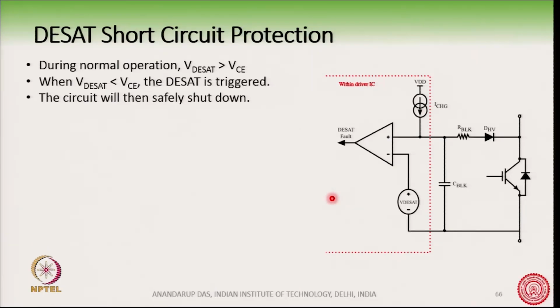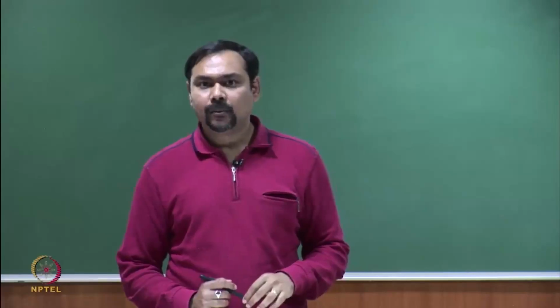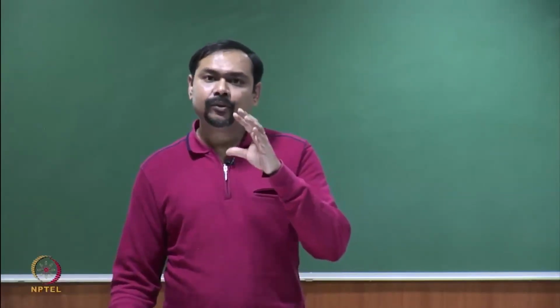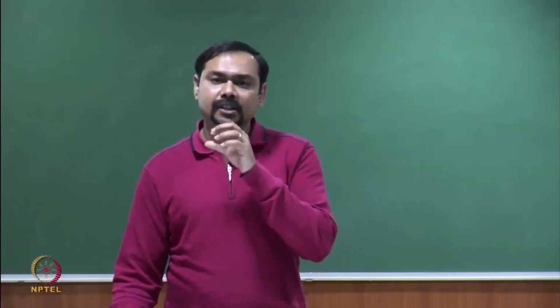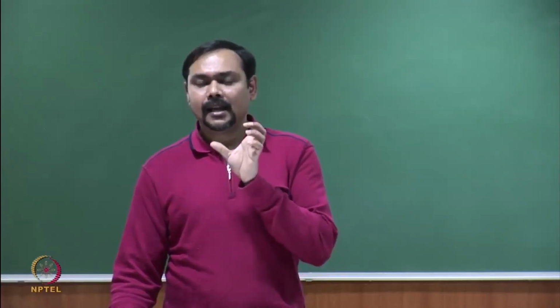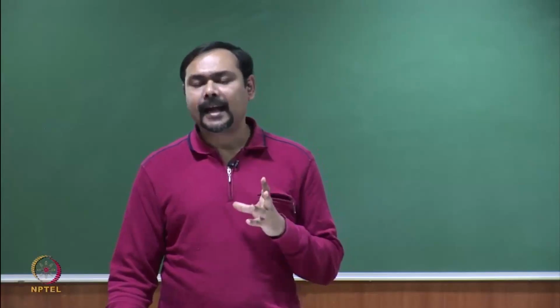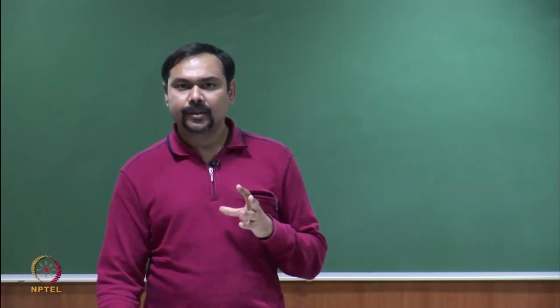So, therefore, there must be a delay inserted in the circuit. Why the delay? Because we would like to wait for the IGBT to fully turn on, and then this DSAT protection should become active.